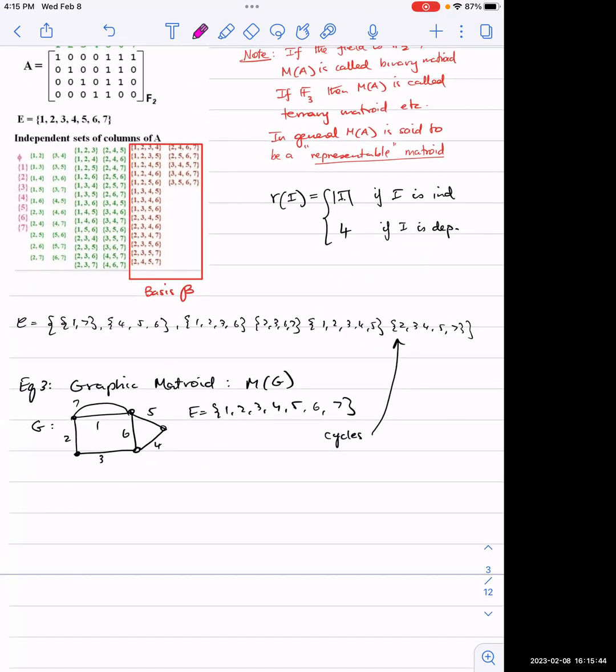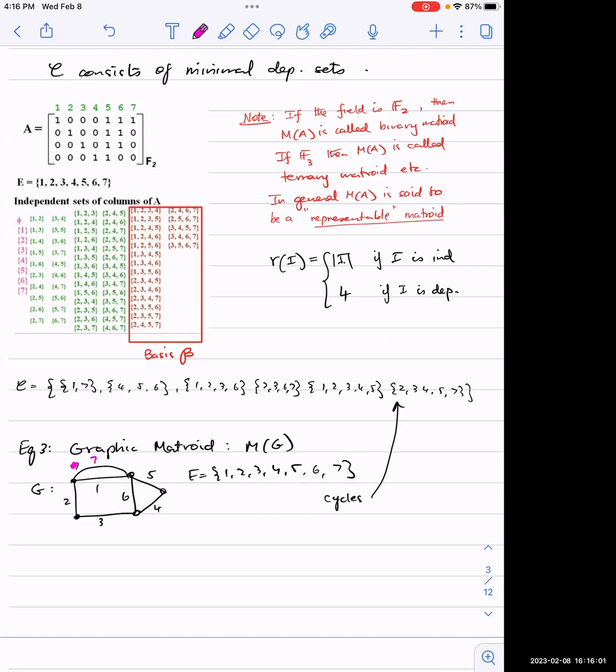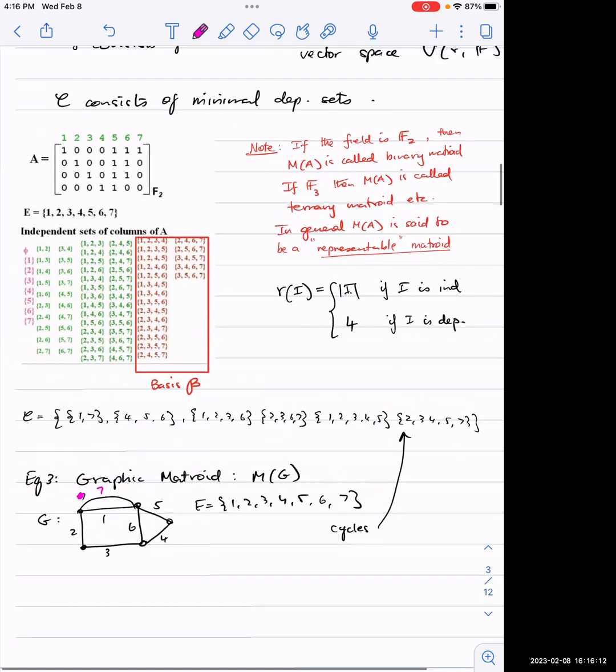Here you have the edges labeled. It looks like a vertex label, but they're all edge labels. And then the cycles are actually the same as the circuits over there. So a matroid is like a perspective on graphs. This graph G here is a sort of representation of this same matroid of our example 2.